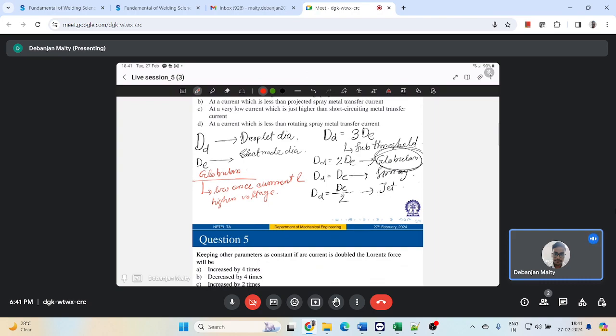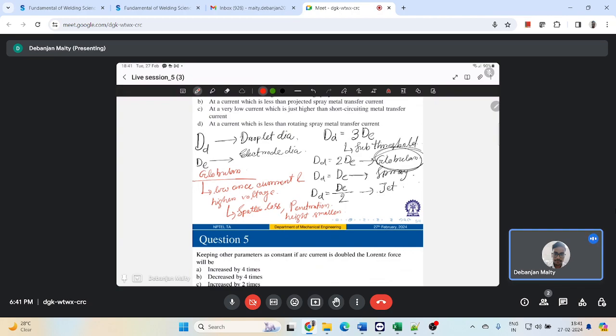So these are the characteristics of globular metal transfer: you will have scatter loss, and penetration height is smaller, right?